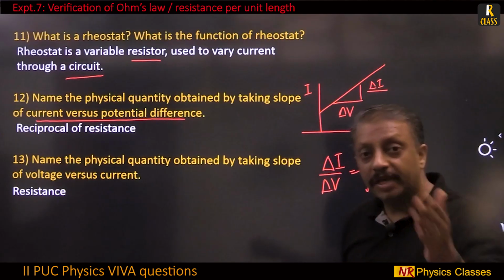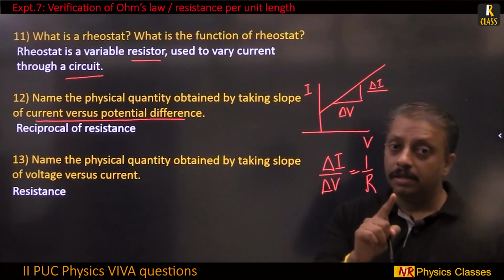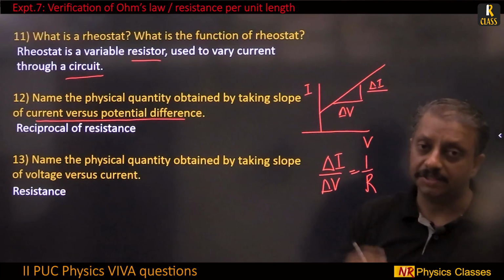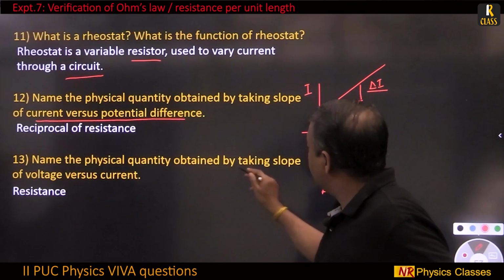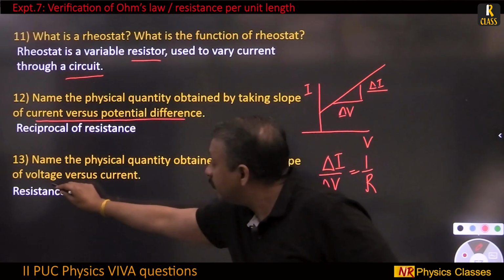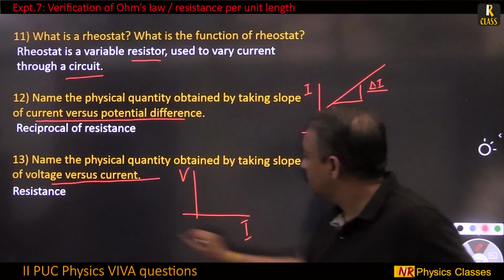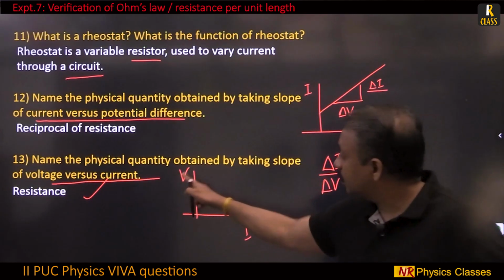If it is voltage by current, it's resistance. Observe the question carefully. Corresponding to that, you give the answer. Name the physical quantity obtained by taking the slope of voltage versus current. It's the resistance.